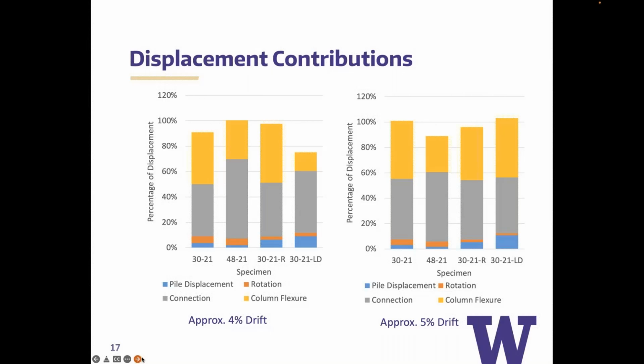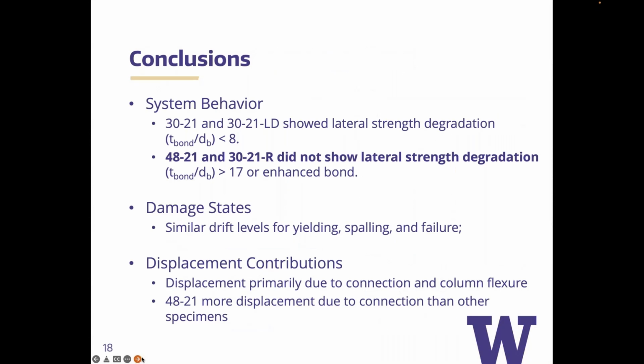And so in all cases with reinforced concrete connections into another component, be it a pile cap or a spread footing, we also see large connection contributions. Not as large as this, but this is a very unique test, and it is something that is important for us to remember.